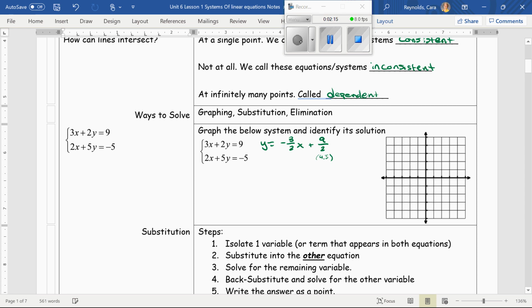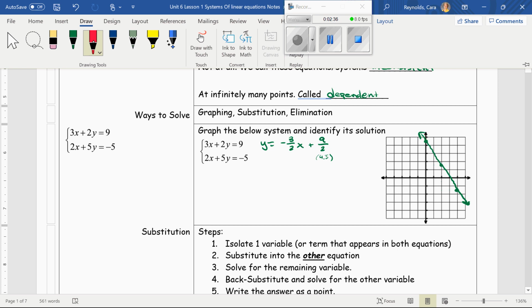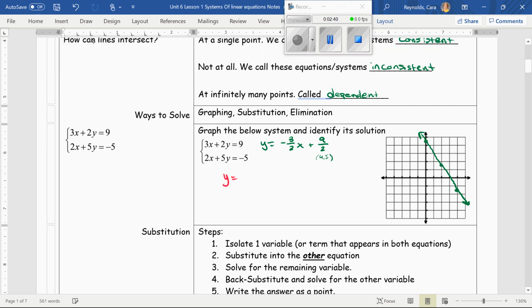So 4.5 is the y-intercept. Down 3 over 2. Down 3 over 2. And so here's this first line here. And then your second line, again, subtract 2x, divide by 5.